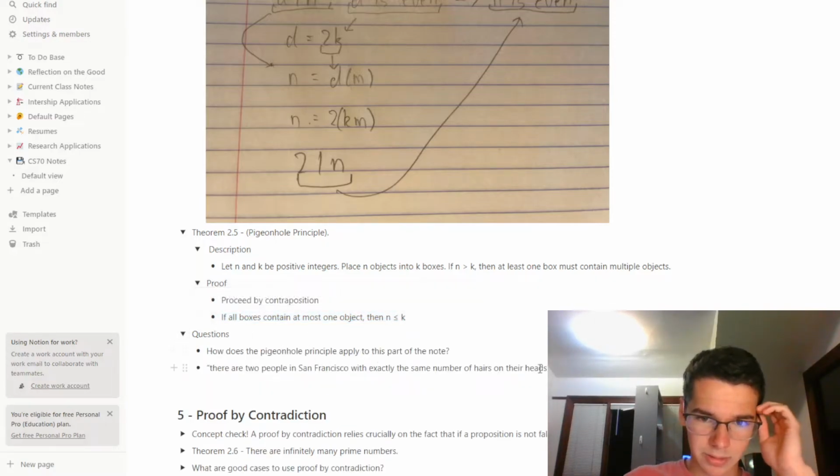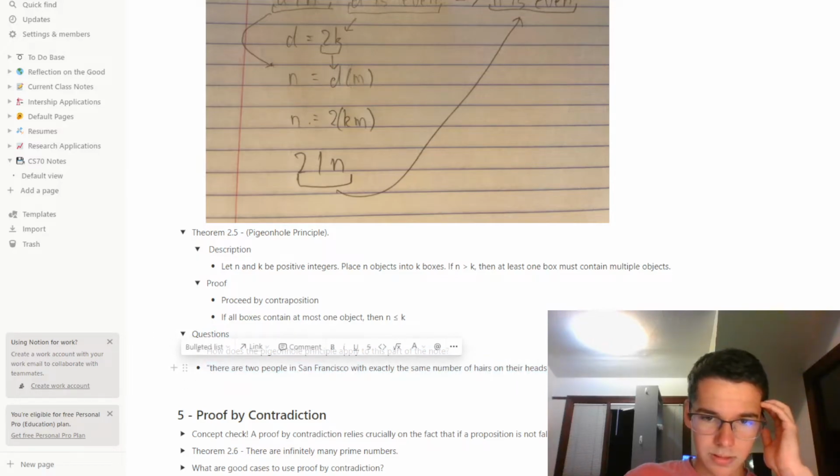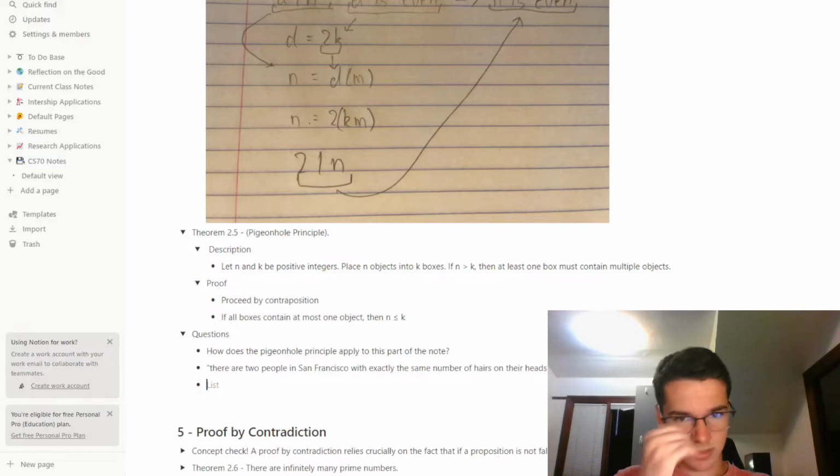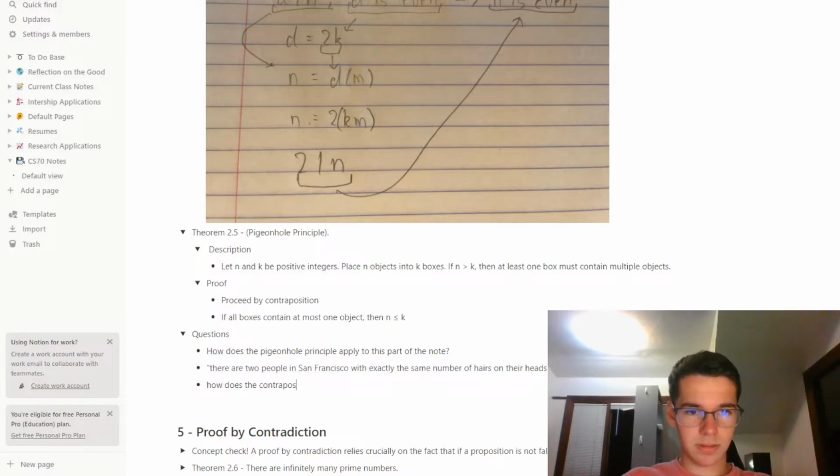Another question I had was on this part of the notes, and I'm just going to add really quick: how does the contrapositive of the pigeonhole principle prove it?